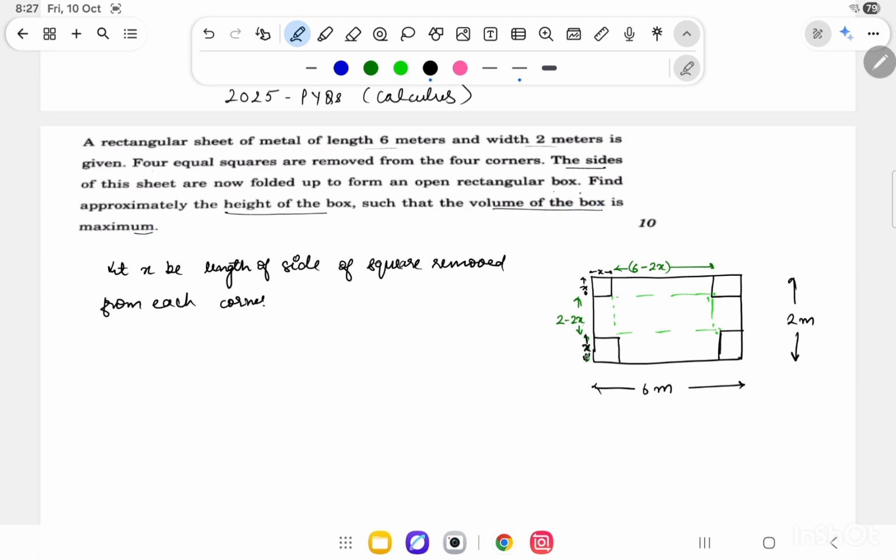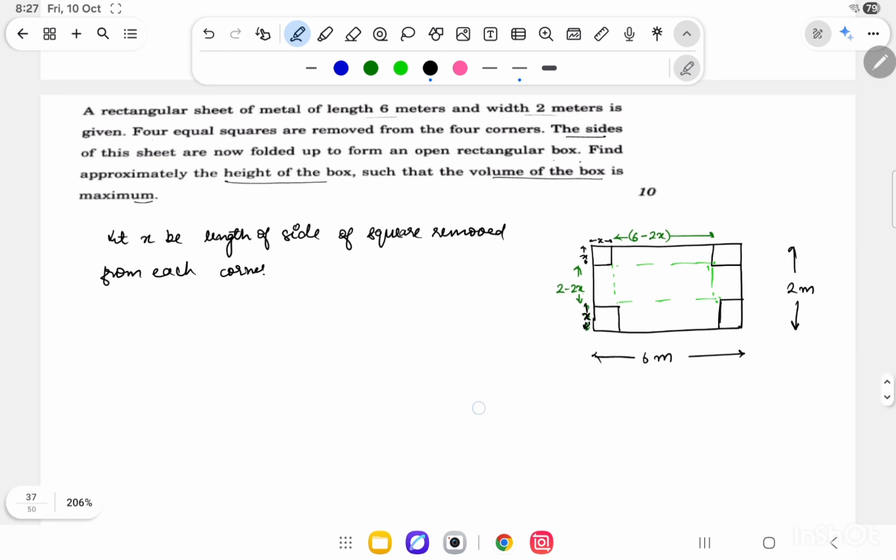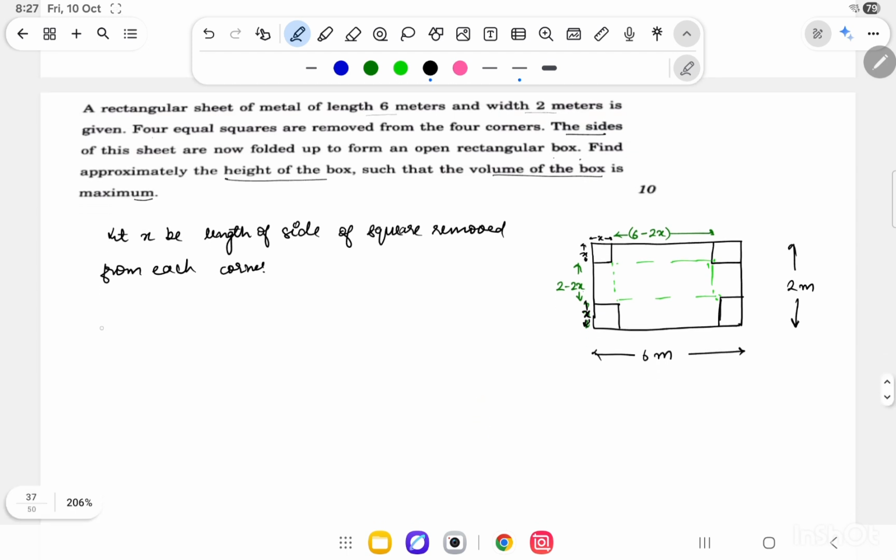So we are supposed to find this length x, because this length x will be the height of the rectangular box. This length x is such that the volume of the rectangular box formed after folding the sides is maximum. So let's see what will be the volume of the rectangular box.